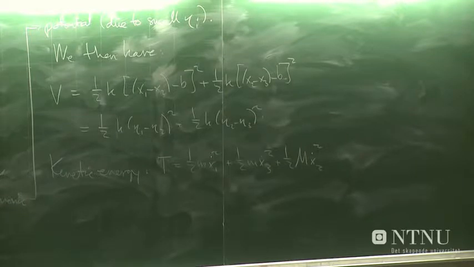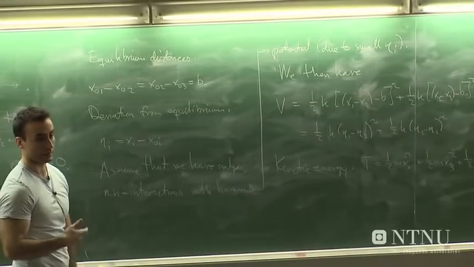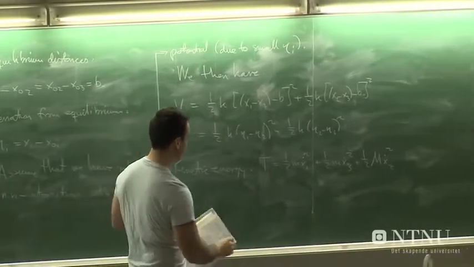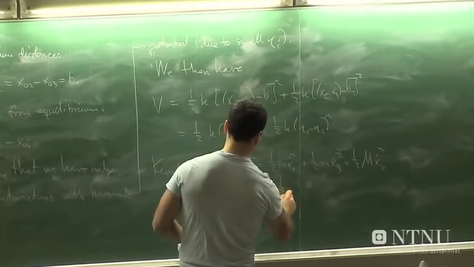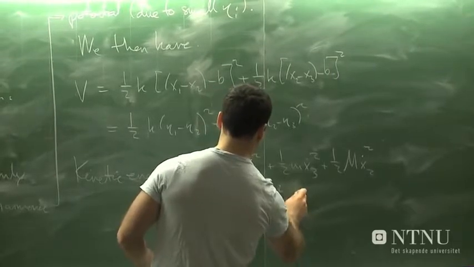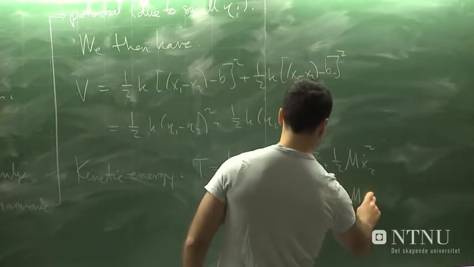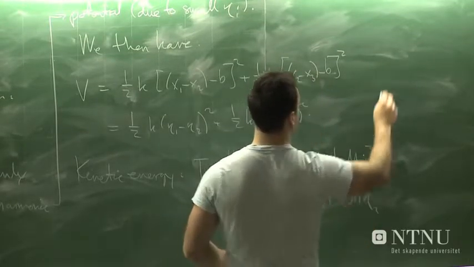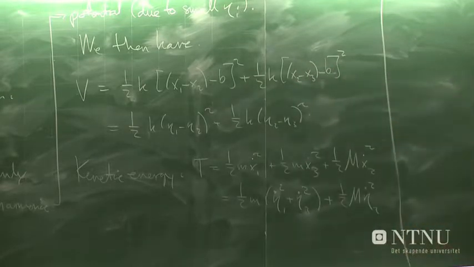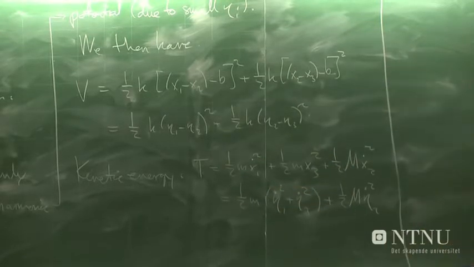So we now insert x into this, so that x dot essentially becomes eta dot. So the complete Lagrange function is obtained by T minus V, as usual.